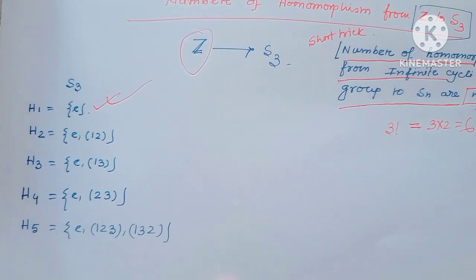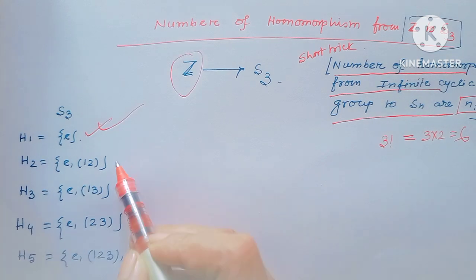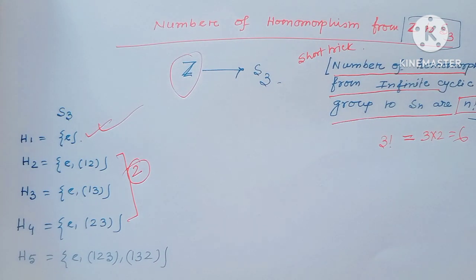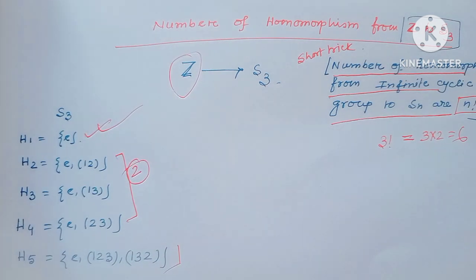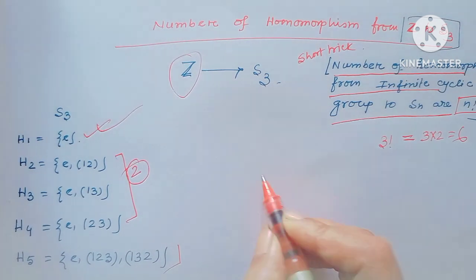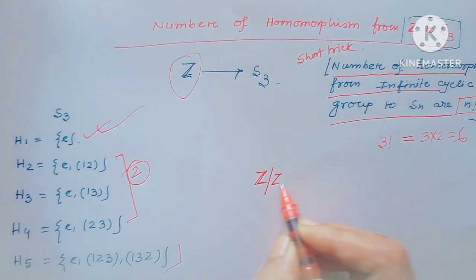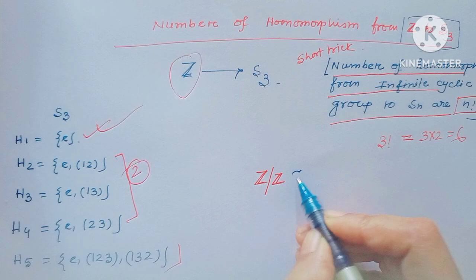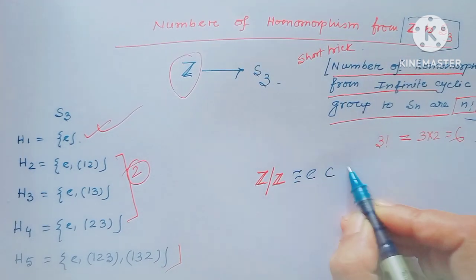This is the number of subgroups in S3: three subgroups of order 2, and one subgroup of order 3.